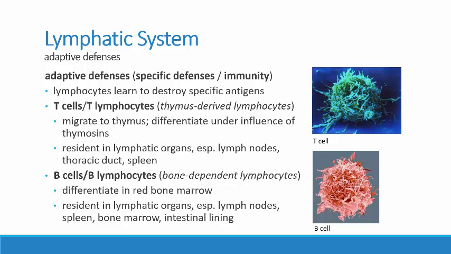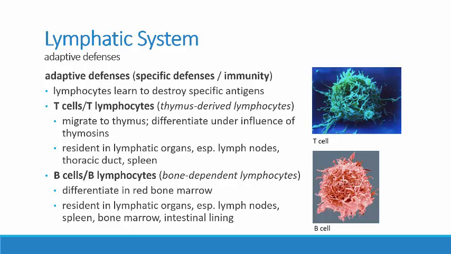And so the two lymphocytes that are involved with immunity are the T cells, or T lymphocytes, and the B cells, or the B lymphocytes. The T cells, like all white blood cells, are produced in the red bone marrow, but before they are completely developed, they migrate from the red bone marrow to the thymus.